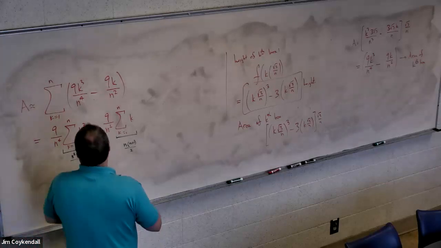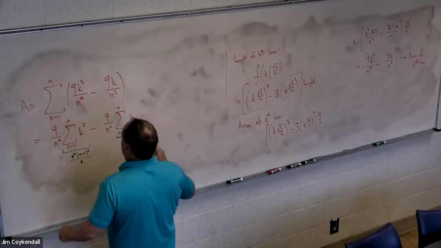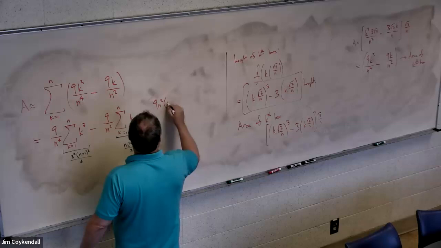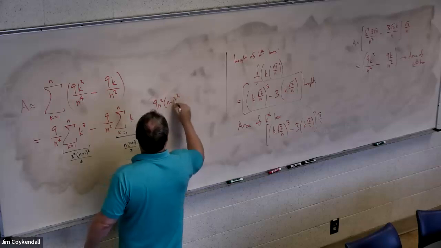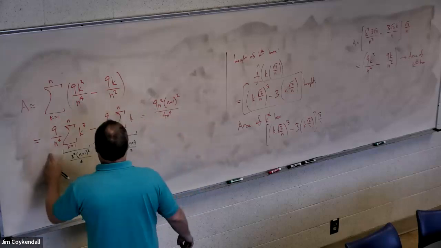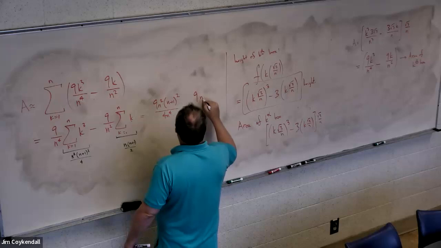So my area can now be rewritten as 4 multiplied by 9 fourths, 9 n squared, n plus 1 squared, over 4n to the 4th, minus 9 times n plus 1 over 2n.